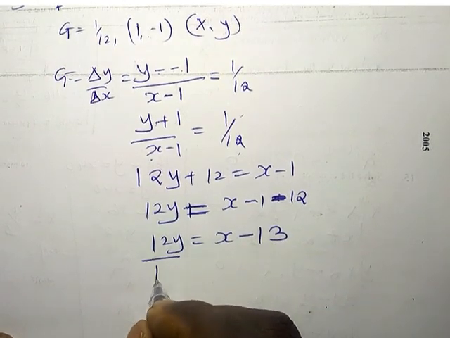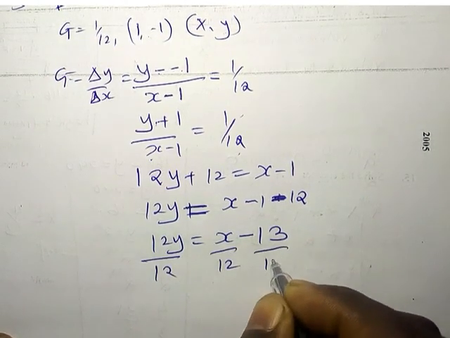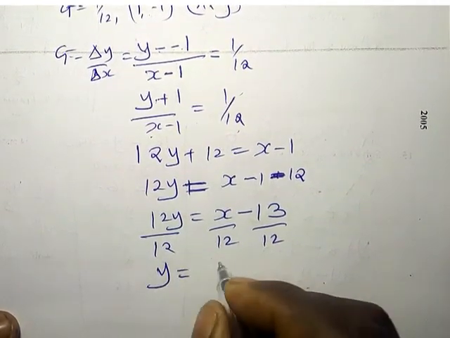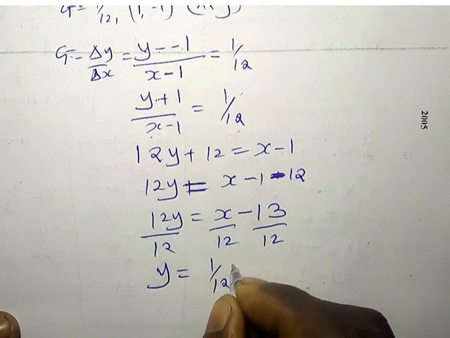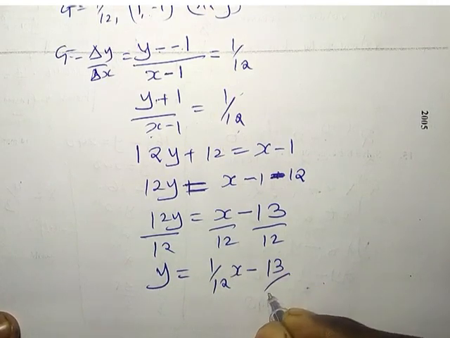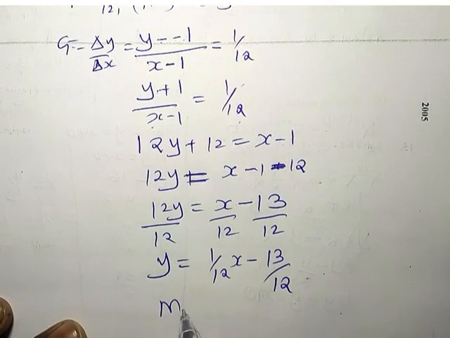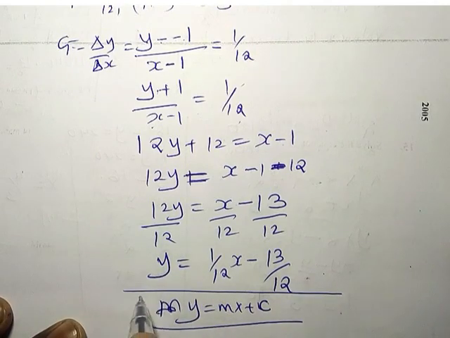Divided by 12, divided by 12, divided by 12. So y is equal to 1 over 12 x minus 13 over 12. So this equation is in the form of y is equal to mx plus c. This equation is in that form.